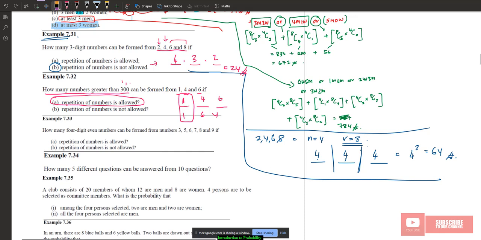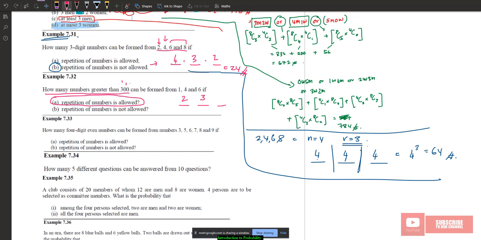So basically, if you want to make a number greater than 300, you only have 2 choices for the first digit, either 4 or 6. The second digit can be either 1, 4 or 6, so you have 3 possible outcomes for the second place.